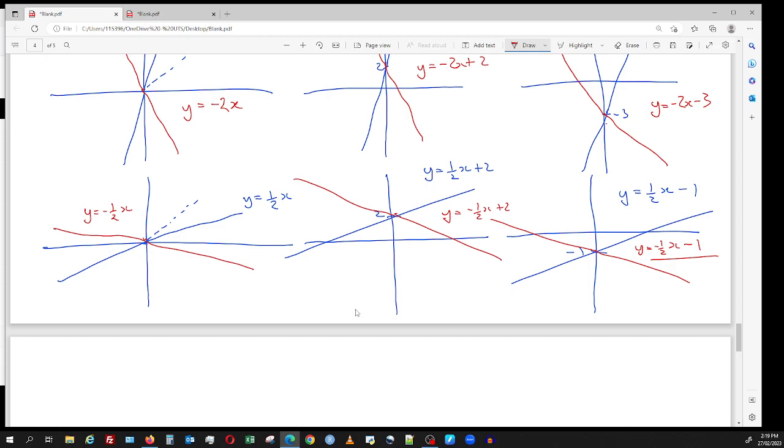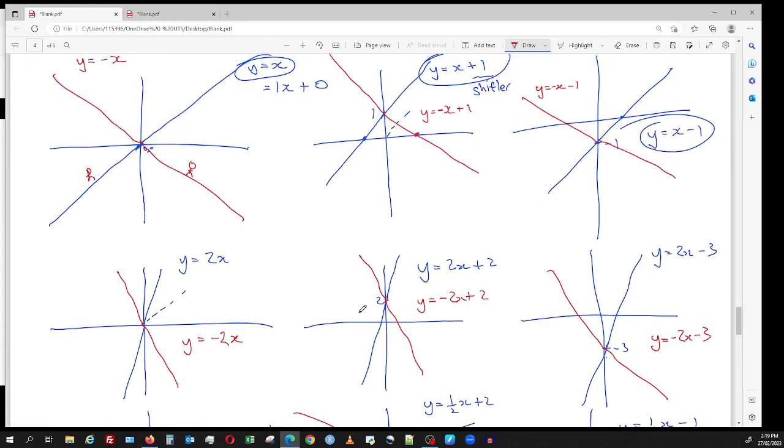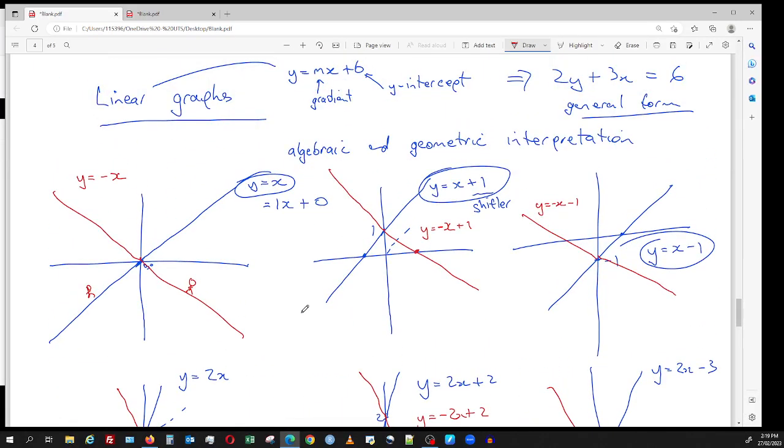One of the things we'll be looking at this week is solutions as well. So we'll spend a bit of time looking at that and trying to understand our solutions.